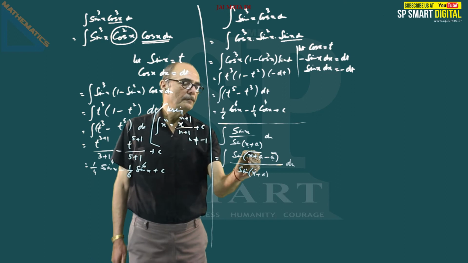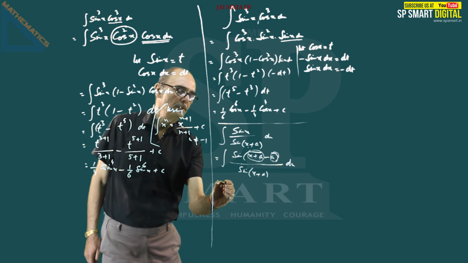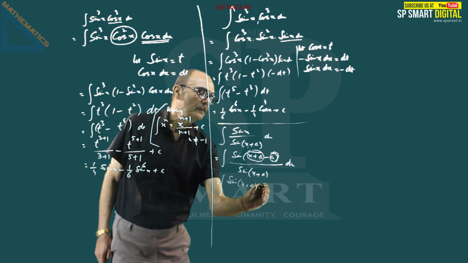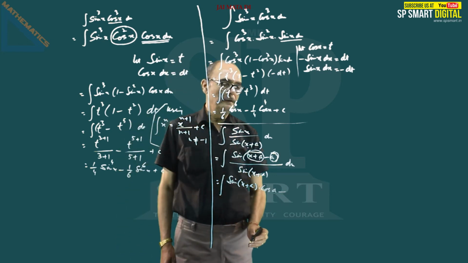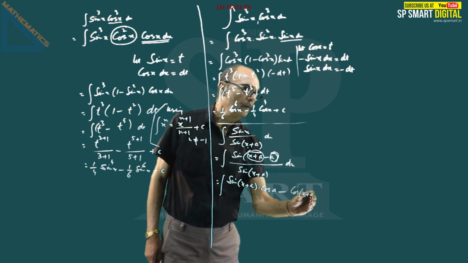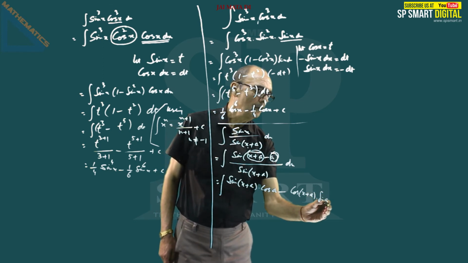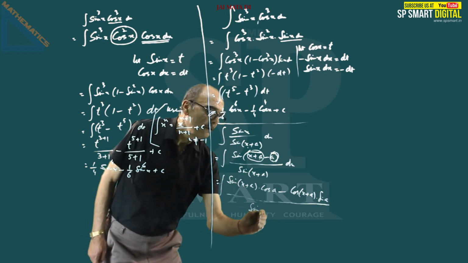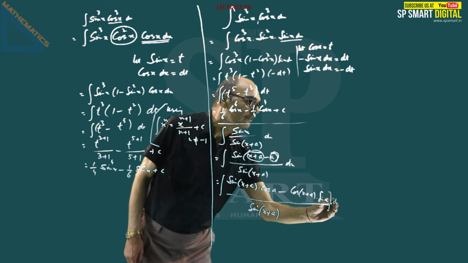Apply the formula sin of a minus b. So, this will be equal to sin of the first angle cos of the second angle minus cos of the first angle sin of the second angle, whole divided by sin of x plus a, dx.